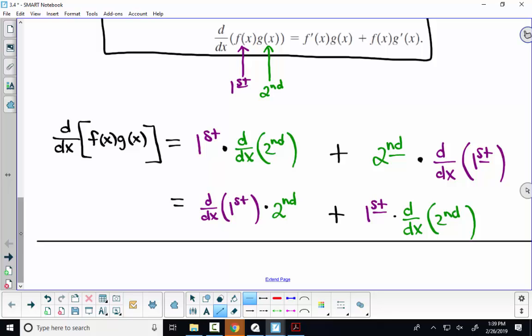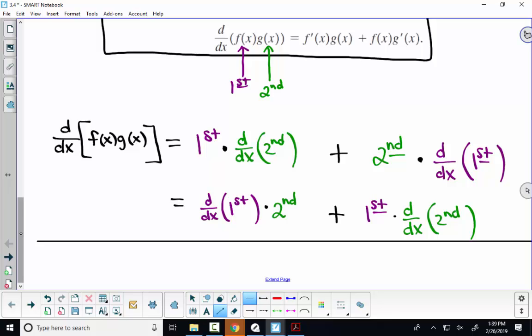So we'll see a couple of rules that do display a derivative in terms of other derivatives. And it's really important that at face value we take this formula as it is. I recommend writing it out, whatever the first function is, the derivative of the second function, explicitly writing that out.